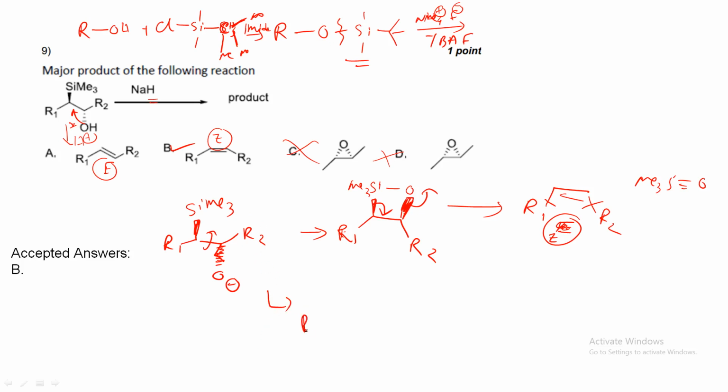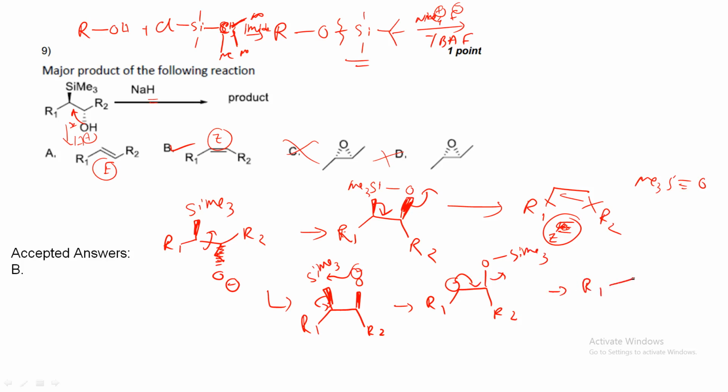So let me write. So this is formed. This can be formed. So here you have generated a negative atom, and here you have generated OSi. Now it is going to leave, and it will generate this one.